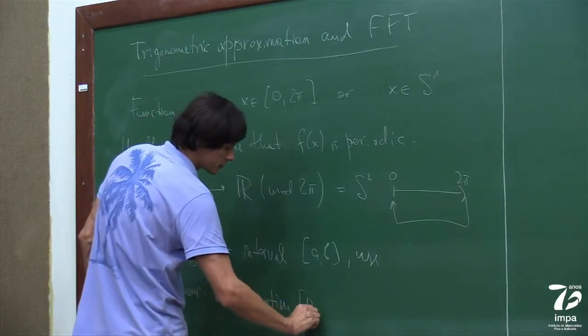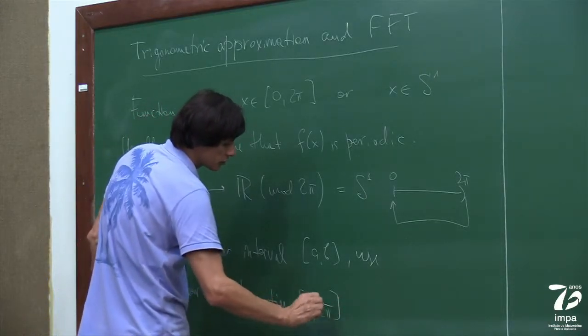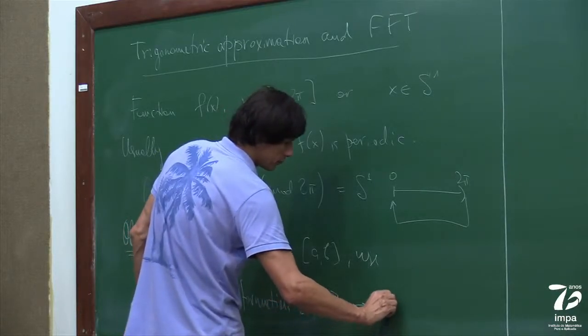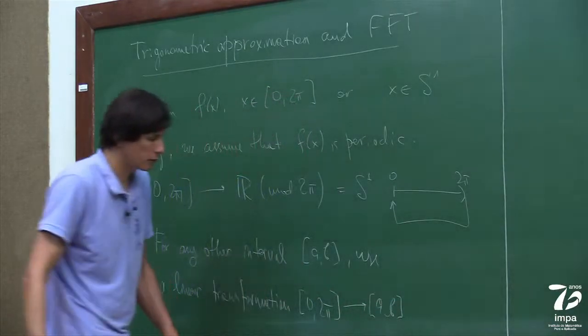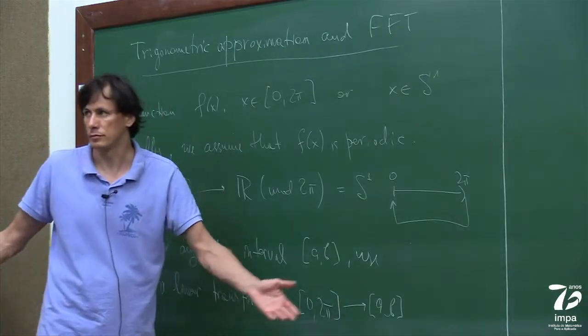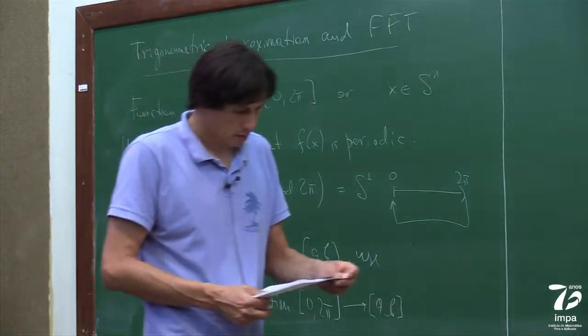We just map this, just like we did before with 0, 1, so we can map 0 to pi to a, b. So if you want to make this analysis on periodic functions of any other interval, just take a linear change of variables. So this is obvious.